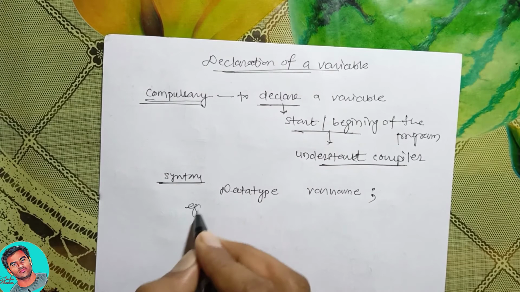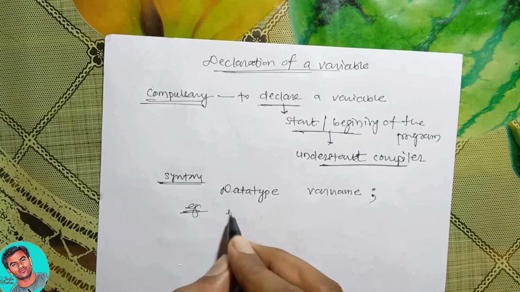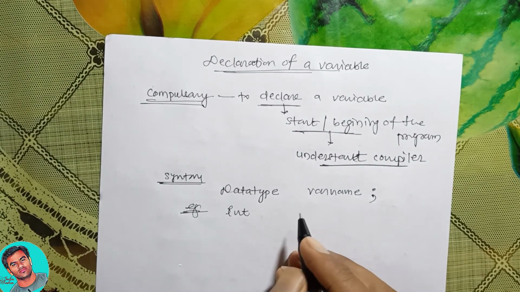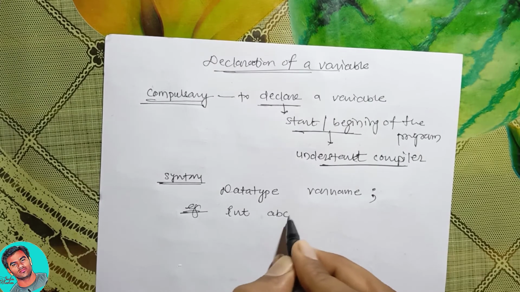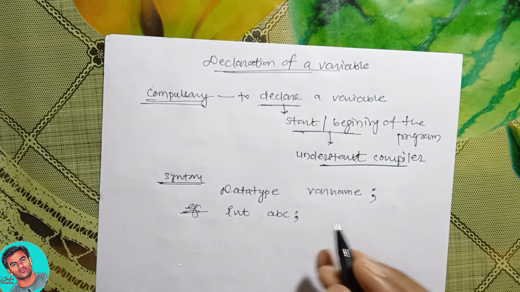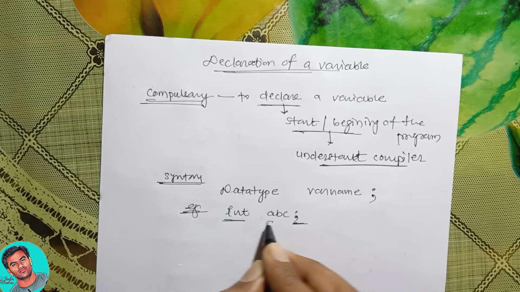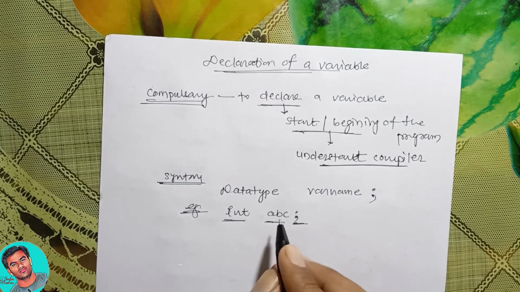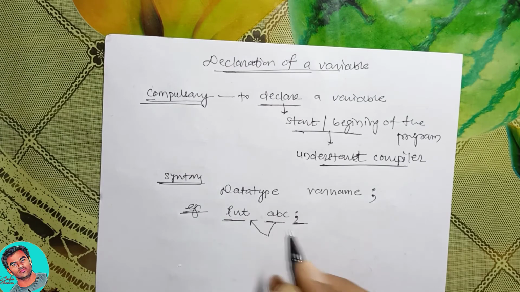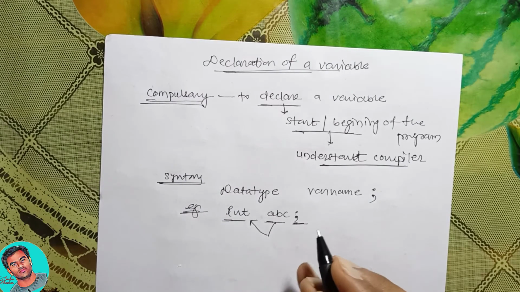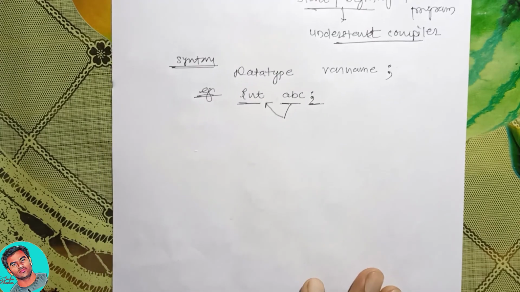For example, integer ABC, semicolon for termination of a statement. Integer is a data type and ABC is a variable name. That means this variable ABC is now holding a value of type integer. This is the declaration of a variable. It is very much needed.